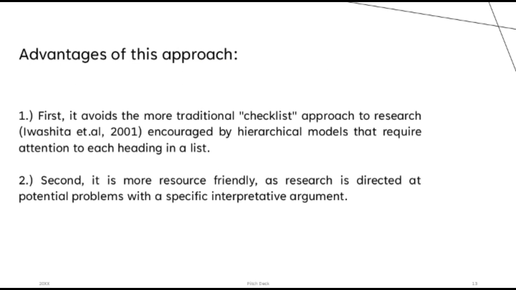There are two advantages of this approach. First, it avoids the more traditional checklist approach to research by Iwashita et al. 2001, encouraged by hierarchical models that require attention to each heading in a list.